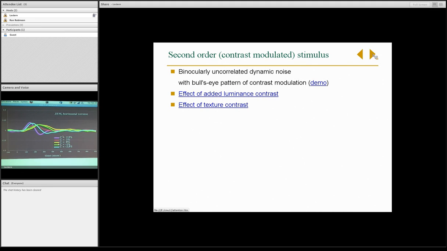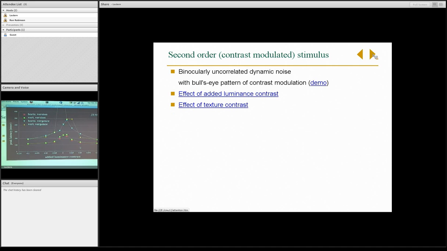It's because of nonlinearity in your visual processing that you actually have to add a little bit of luminance to the high contrast texture in order to get the perfect null. That's the horizontal vergence. For vertical vergence, there's not much really happening here at all.